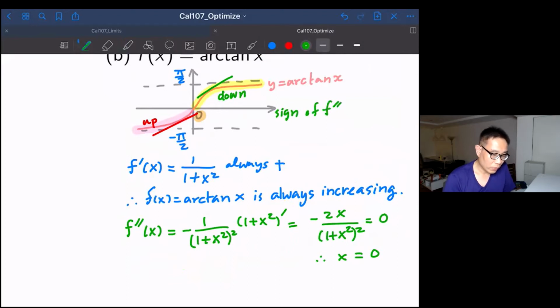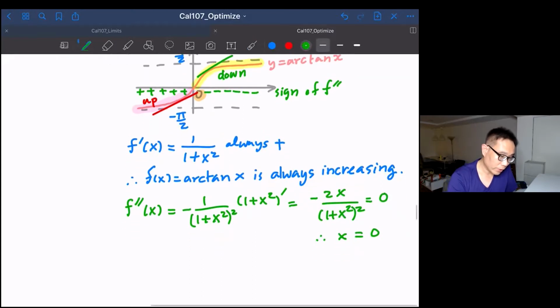Okay, so you see that when x is negative, it's gonna turn out to be positive, because you have negative times negative, it's gonna be positive. So in this case, it's gonna be positive in this interval up until 0, and it's gonna be negative after 0.